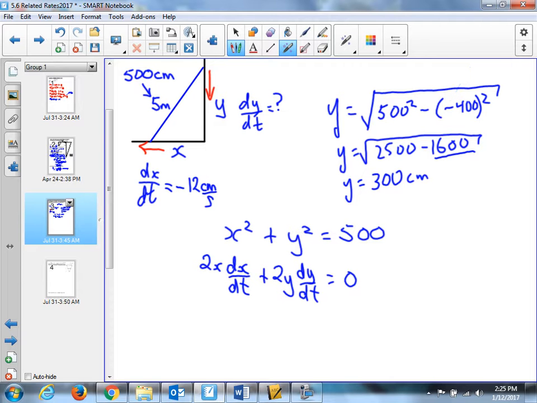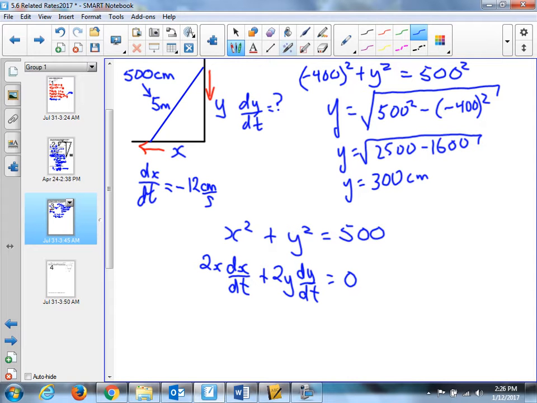Or did you? Here's what I started with: negative 400 squared plus y squared equals 500 squared. Just going back to this, that's the Pythagorean theorem. No, I understand that now. Okay, just double checking. Getting back to there. Okay, good.